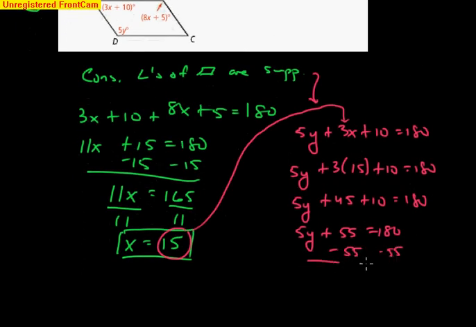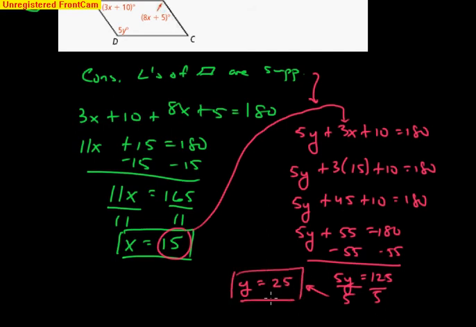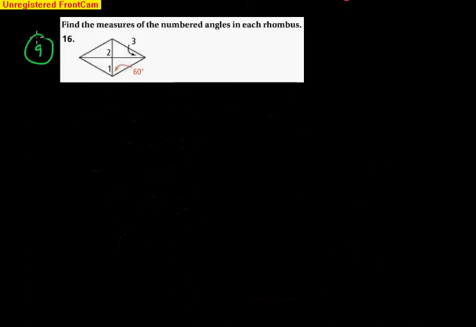Subtract 55 from both sides. 5y is 125 and divide by 5. And I get a y value of 25. And there's the values of x and y that make these consecutive angles supplementary, which makes this quadrilateral a parallelogram.